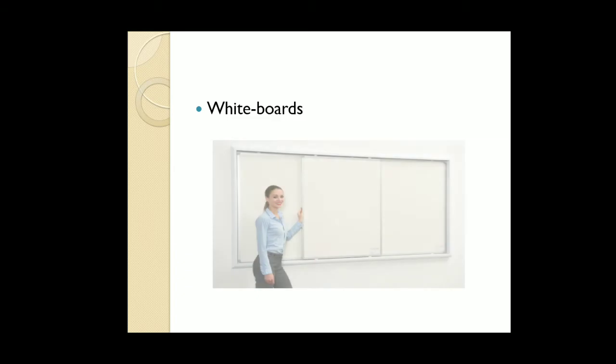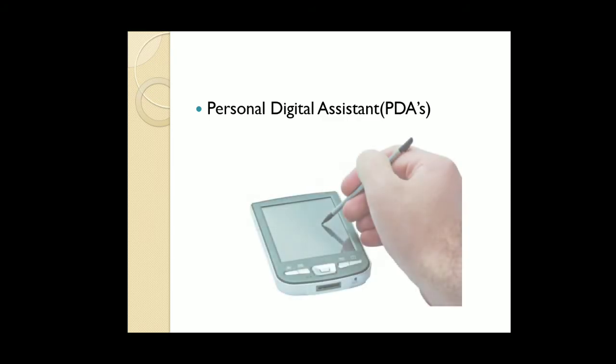Whiteboards, as we all know, are the most commonly used by college students. Next is the personal digital assistant, or PDA. A term for a small mobile handheld device that provides computing and information storage and retrieval capabilities for personal or business use, often for keeping schedules, calendars, and address book information handy.